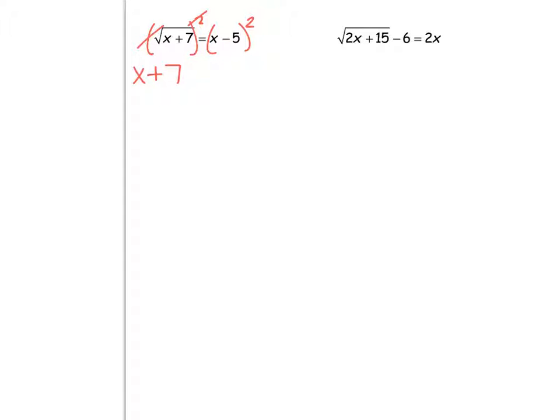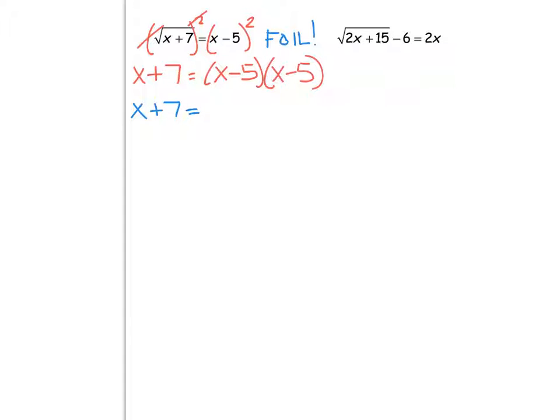But how do I square an x minus 5? Squaring means you multiply it by itself, so I have to multiply x minus 5 times x minus 5, which means I have to FOIL. Dun dun dun. So I'll have x plus 7, that's the easy part.